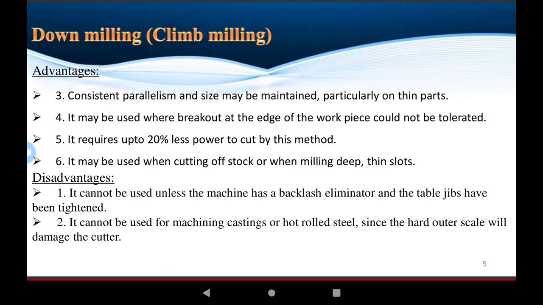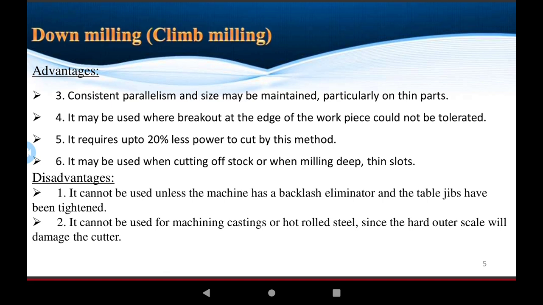The tables and jigs are also required in these operations to support the workpiece, and the support is provided by the tables.